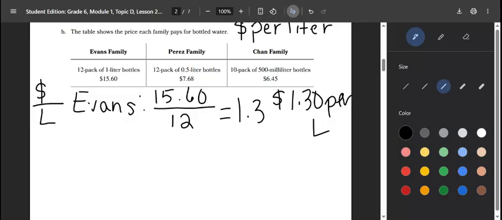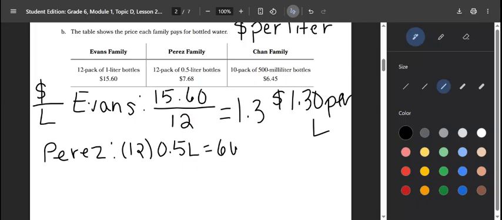All right, and then the Perez family is next. They pay $7.68 for a 12-pack of half-liter bottles. All right, so 12 half liters is equal to 6 whole liters. Now you can do that in your head, but that's just 12 times 0.5.